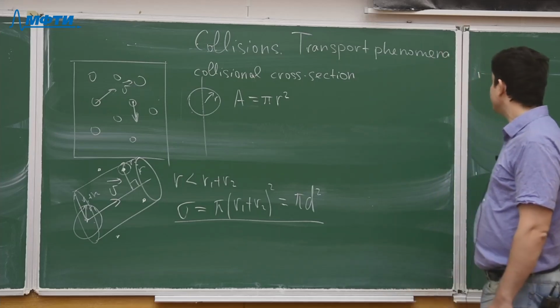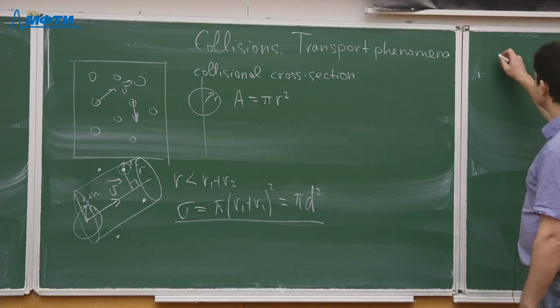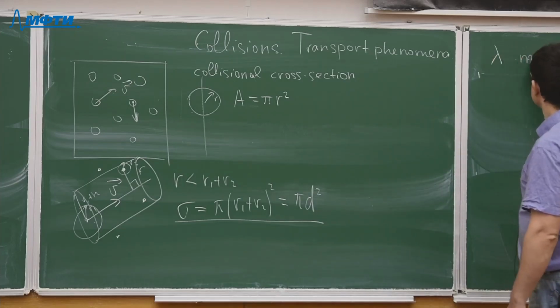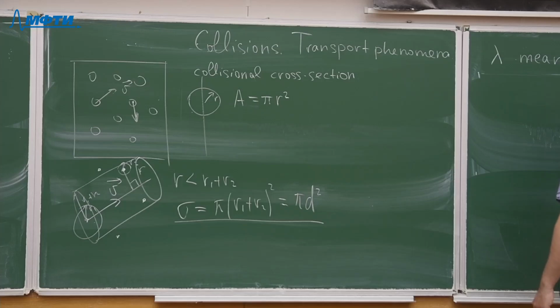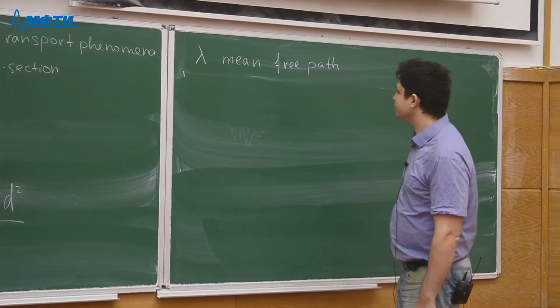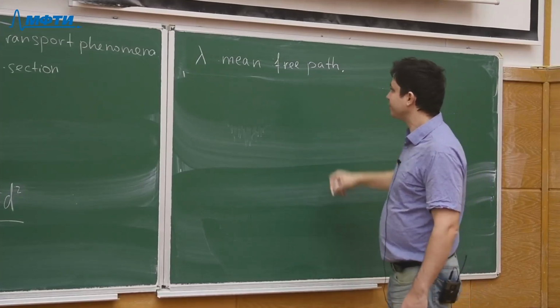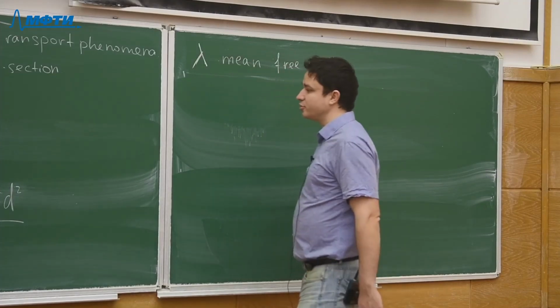But the main thing we need to do is to introduce a so-called mean free path. That is the average distance traveled by a molecule in between two consecutive collisions. And then we are going to determine this mean free path.